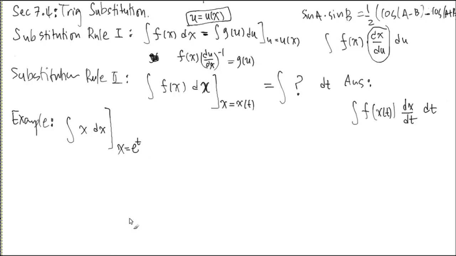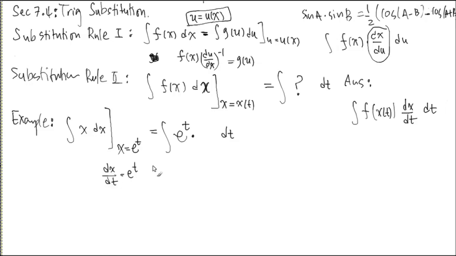After you integrate with respect to x and plug in e to the t, that's a function in terms of t. But what this substitution rule is saying is that this one can be directly integrated as something with respect to t. This rule says x is replaced by e to the t, and multiplied by dx/dt. So what is dx/dt here?